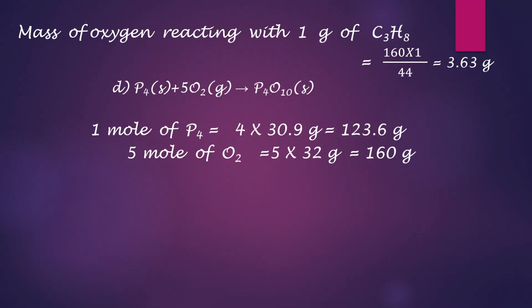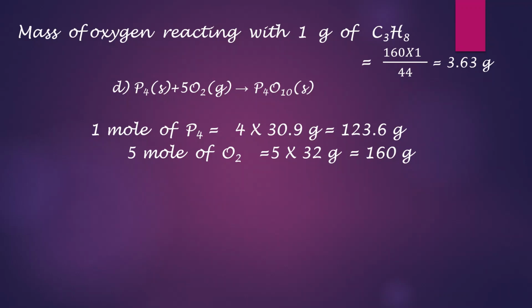Here the gram atomic mass of phosphorus is 30.9 gram. One molecule contains 4 phosphorus atoms, so multiply 4 with 30.9 gram, that will give 123.6 gram. That is the mass of 1 mole of P4. And you know that 5 moles of O2 is equal to 160 gram.